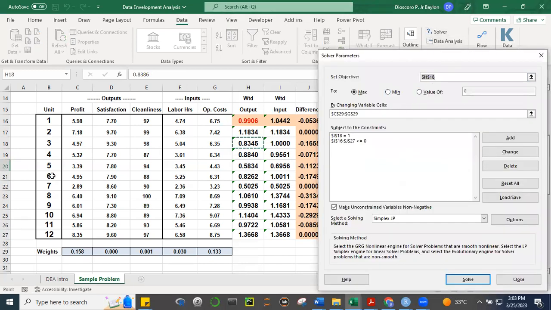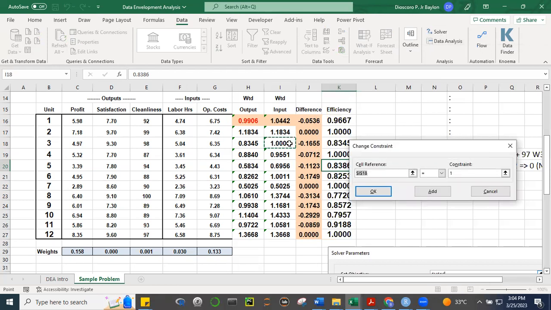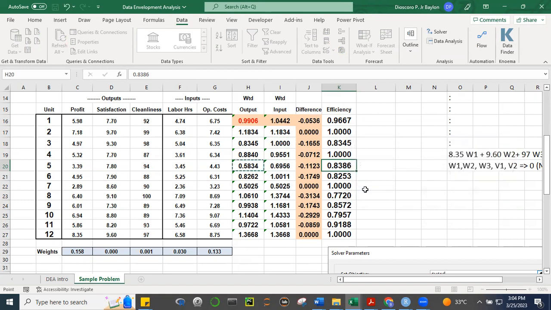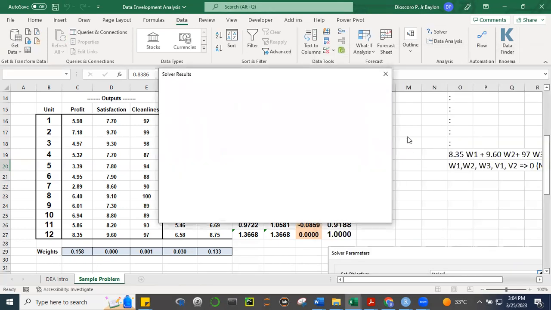Okay, then unit number 5 is this one, H20. So this will be changed. This will be I20. There. I20 should be equal to 1. Okay. H20 maximize I20. All right. So solve.